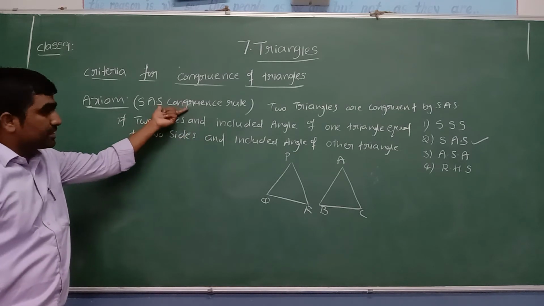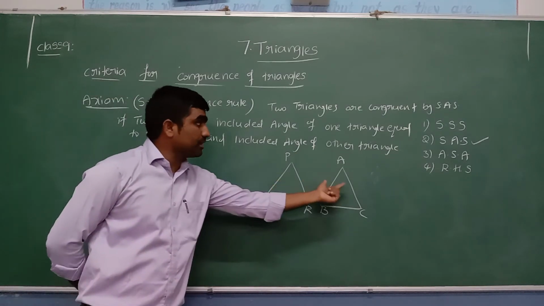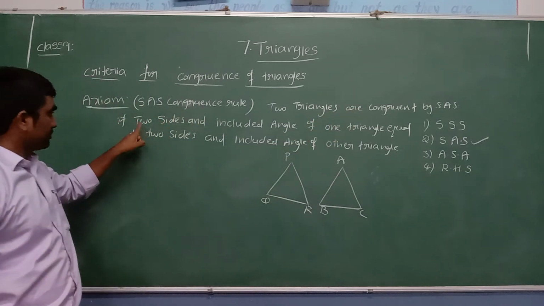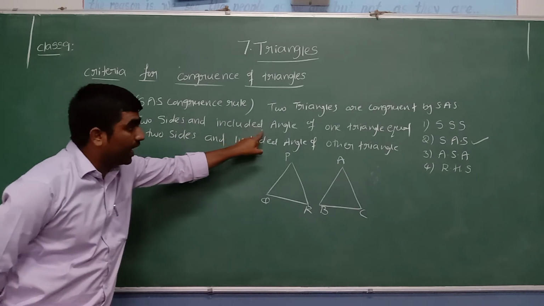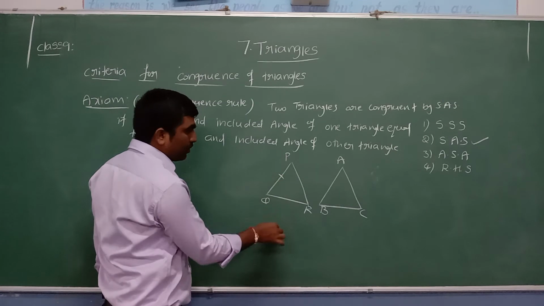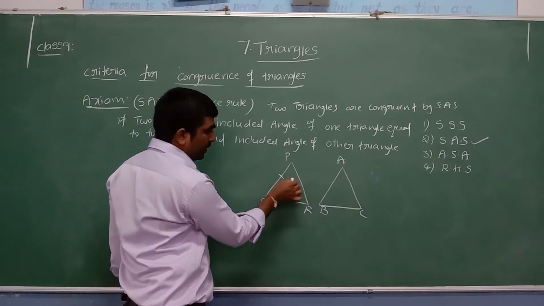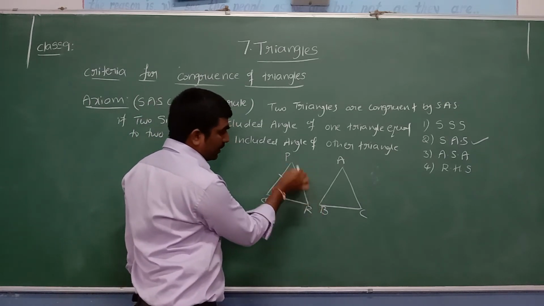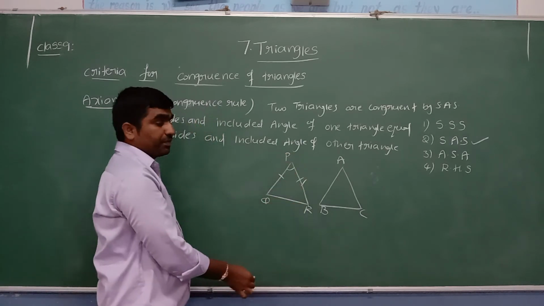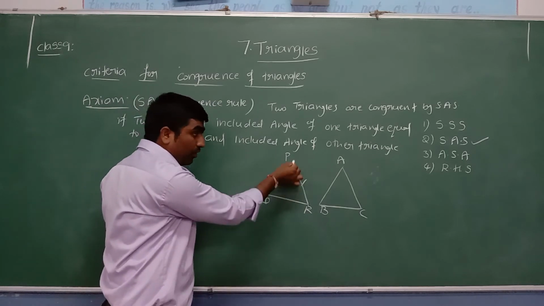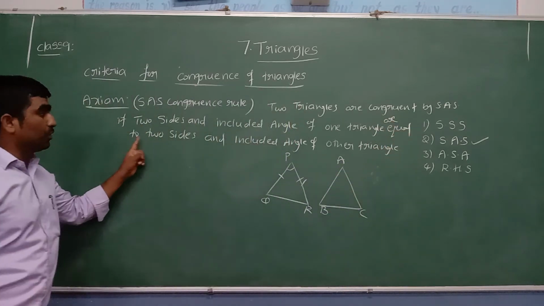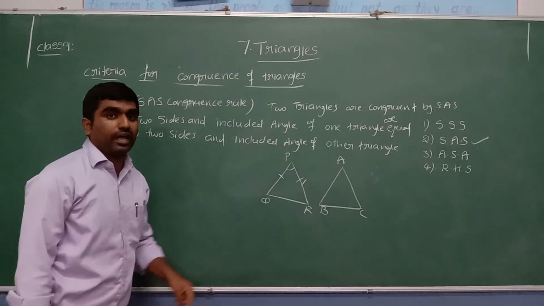The meaning of this SAS congruency rule is that two triangles are said to be congruent by the side-angle-side rule if two sides and the included angle of one triangle, say PQ and PR with included angle P, are equal to two sides and the included angle of the other triangle.